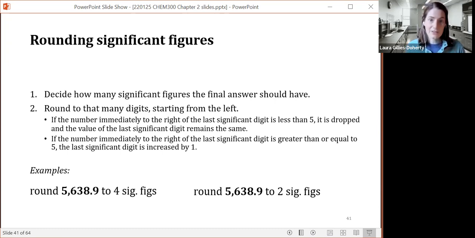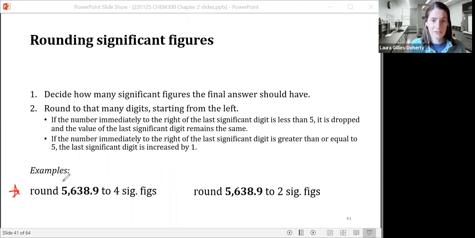If the number immediately to the right of your last sig fig is less than 5, it gets dropped and the value of the last sig fig remains the same. If the number immediately to the right of the last sig fig, last digit, is greater or equal to 5, then you round that last sig fig up by 1. So I know that was a lot of explaining for something that you probably already know how to do from math, but let's do some review.